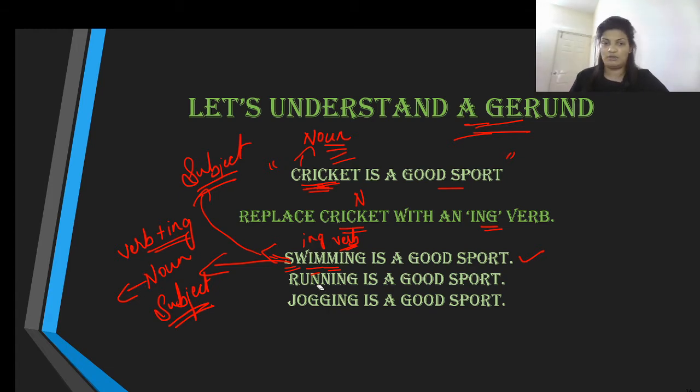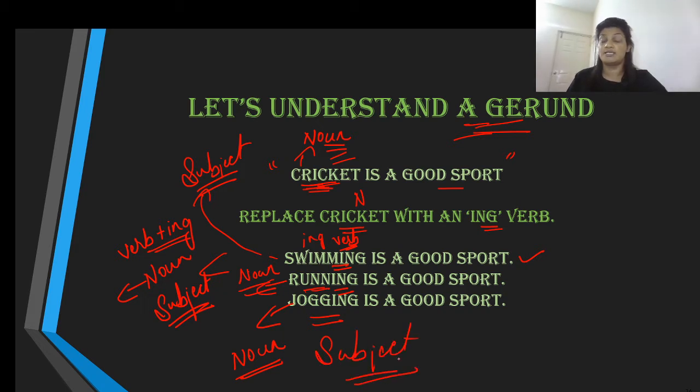Similarly, besides swimming, you also have a word like running. Running is also an ing verb, but here it is functioning like a noun. Similarly, jogging. Jogging is also an ing verb, but here it is functioning like a noun. And in this statement, it is functioning like a subject. So there we have our gerund.